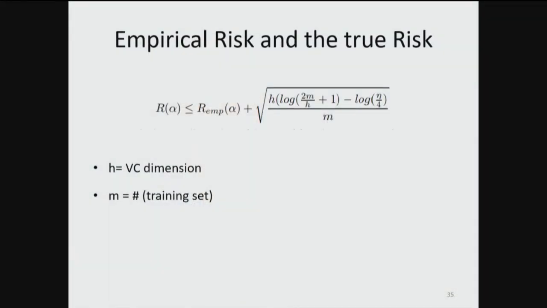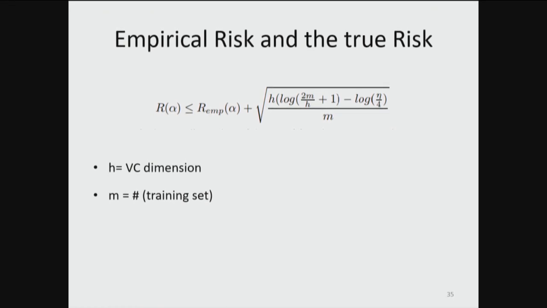There is a formula which gives the upper bound for the true risk based on the empirical risk. For the model we have created, it gives the maximum error that can be observed when it is put into practice.